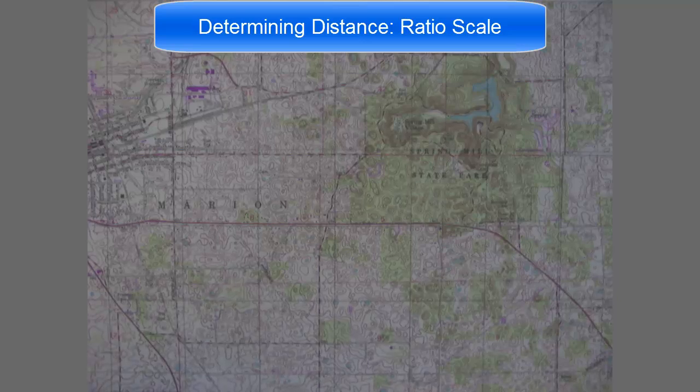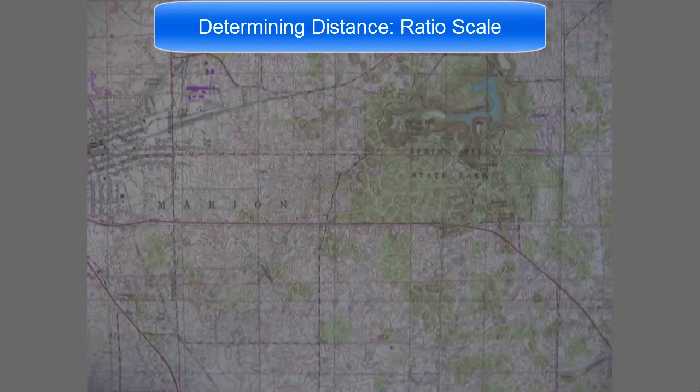If I measured 1 centimeter on this map, it'd be 24,000 centimeters. A really important thing to take from this is that the scale does not indicate any certain units. Whatever units you start off with, inches, feet, centimeters, whatever you use, that would be what it spits out.